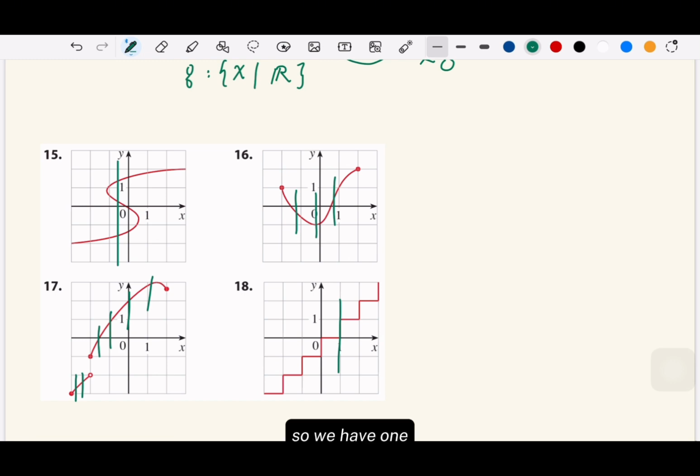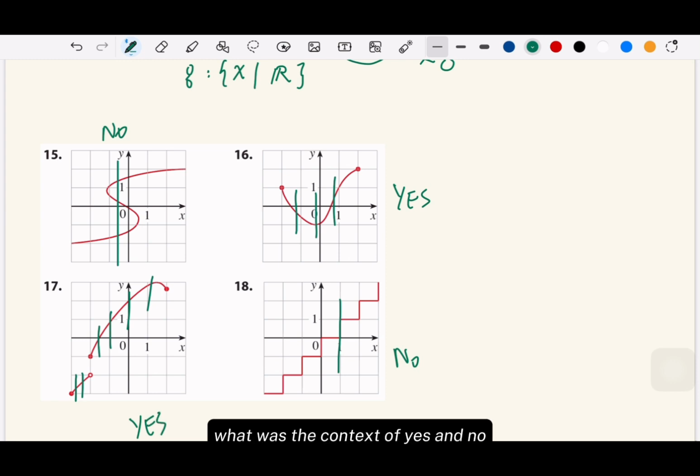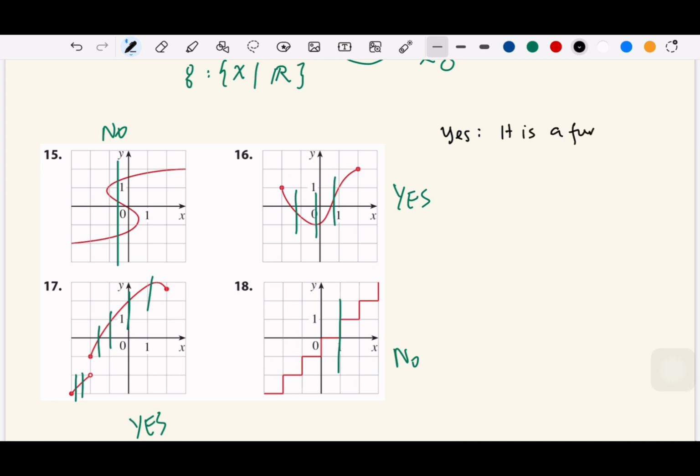So we have 1, and I don't know how many points here, but it's more than 1, right? So this is no, no, yes, yes. Yes means it is a function. No means not a function. Okay. Got it?